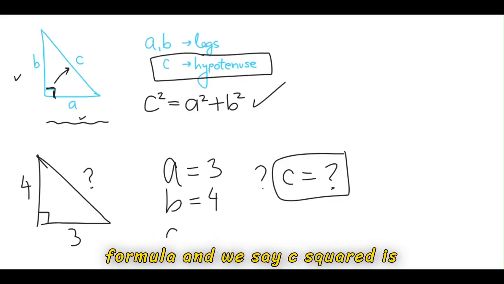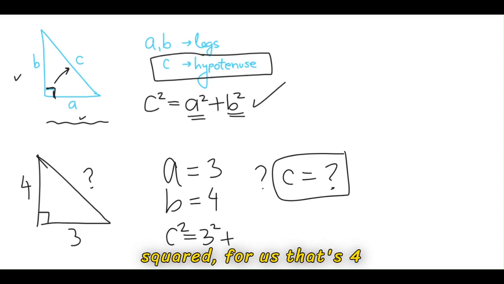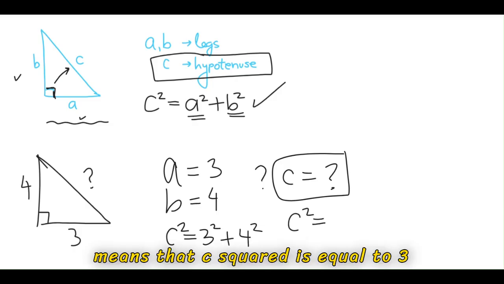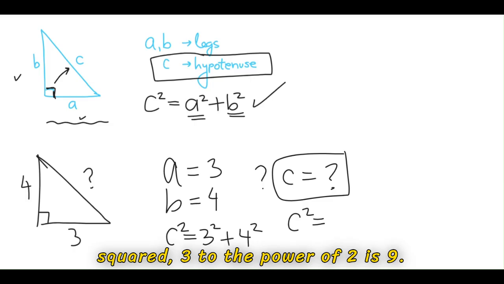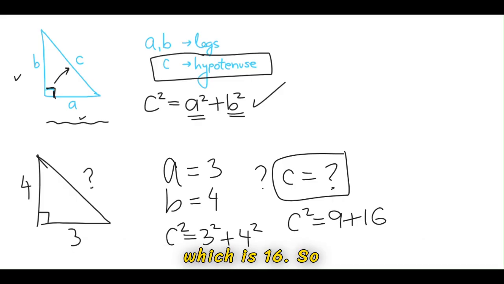So we apply the formula and we say C squared is equal to A squared, for us that's 3 squared, plus B squared, for us that's 4 squared, which means that C squared is equal to 3 squared, 3 to the power of 2 is 9, and then we have 4 to the power of 2, which is 16.